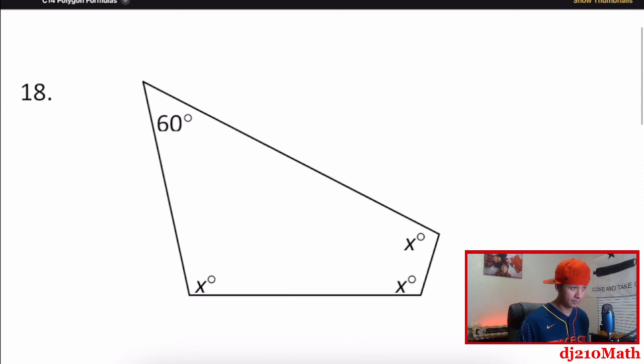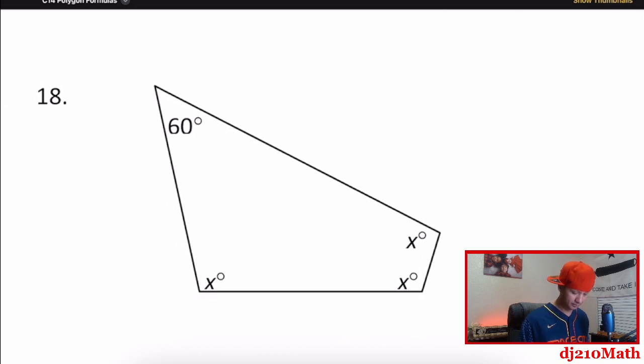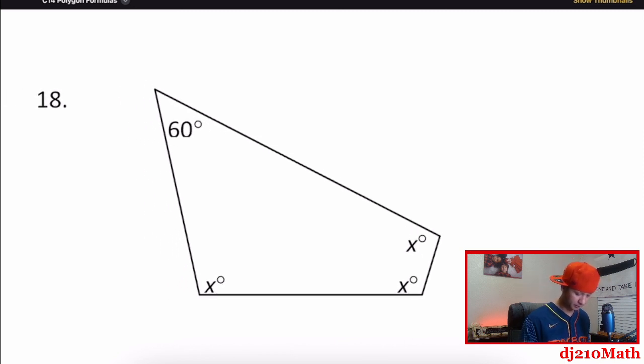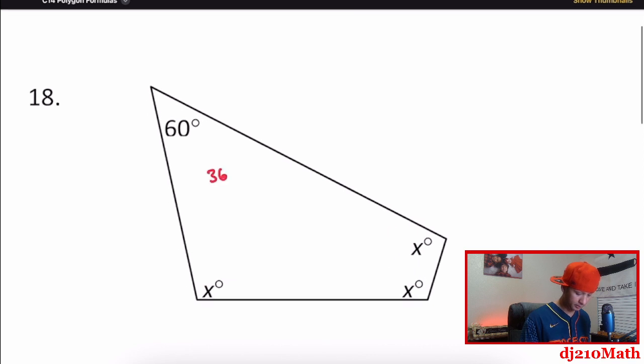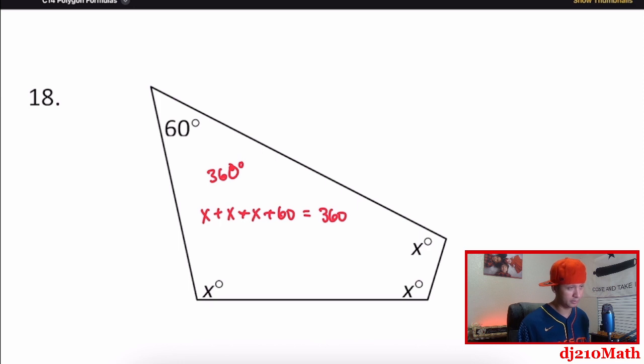Okay. Four-sided shape adds up to 360 degrees. So x plus x plus x plus 60 is equal to 360. This one's kind of obvious, right? X needs to be the same.